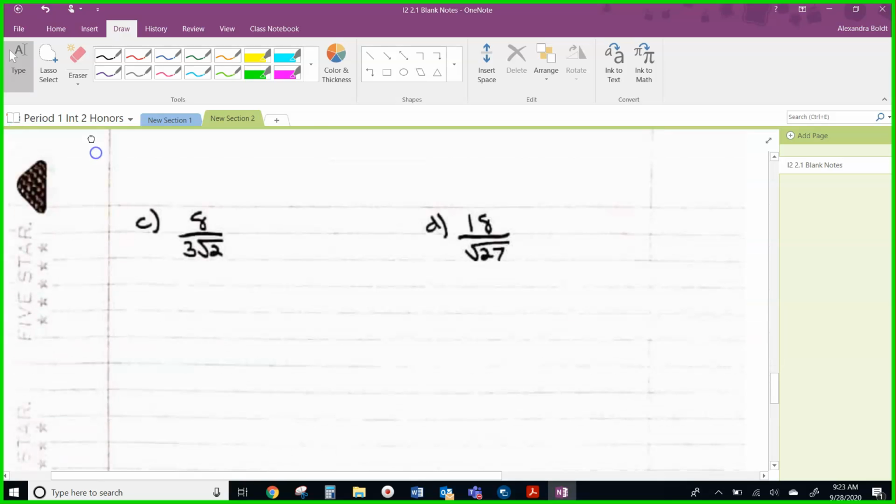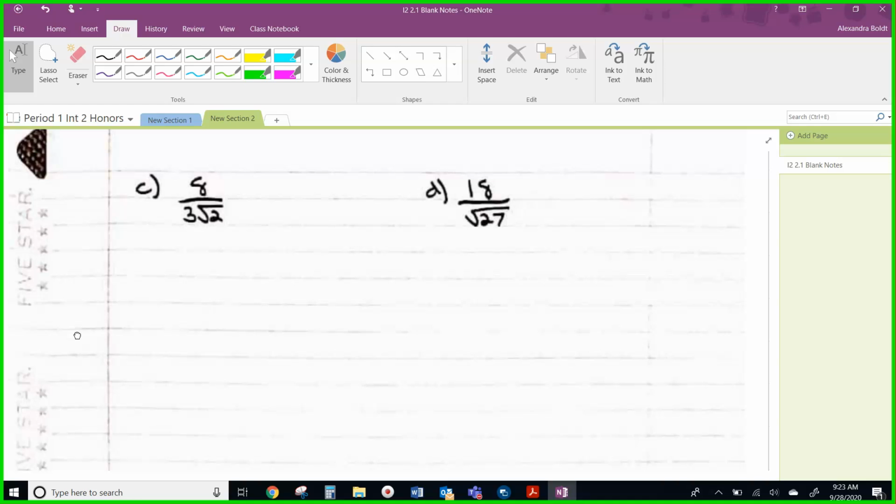Next question, we do have a part C. 8 over 3 square root 2. Step 1, is there a radical? Yes, it's right there. That's square root 2. So we do have to rationalize. Step 2, is our radical simplified? The only perfect square that's going to divide 2 is 1. 2 is such a small number.